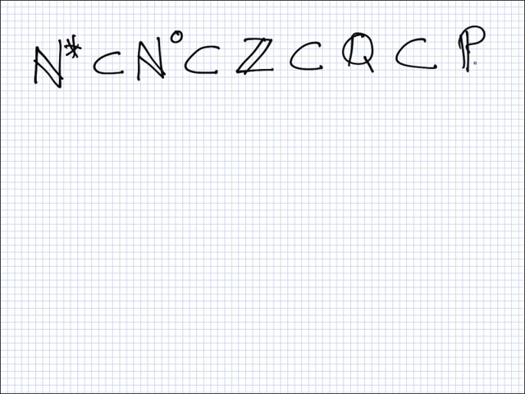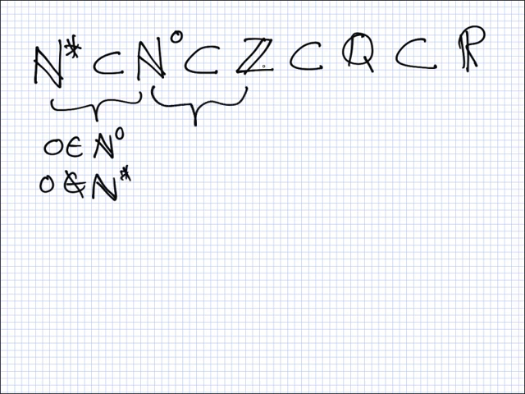Yes. Now, let's look at these two. If N star is a proper subset of N0, that must mean there's something that's in N0 that's not in N star. What might that be? 0. Yeah, 0 is in N0, and 0 is not in N star. If N0 is a subset of the integers, that must mean there is a number which is in the integers, but not in N0.